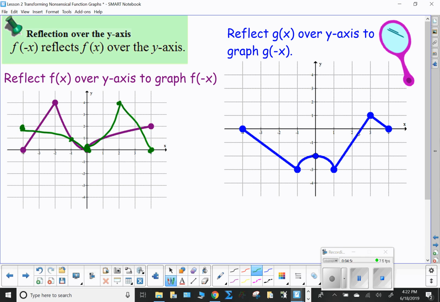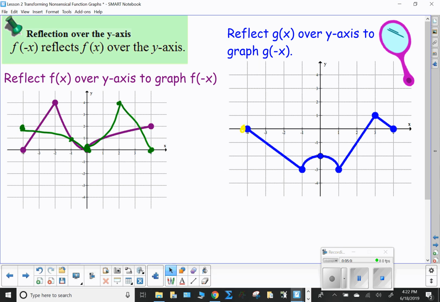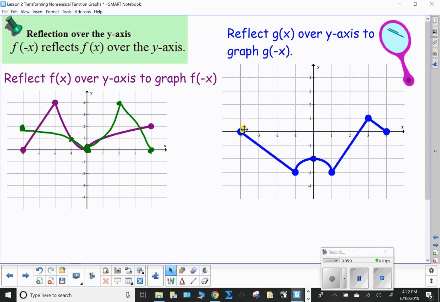Now here, this one's kind of crazy because I'm going to take this guy right here, and I'm going to move him. Oops, if I can. Okay, we won't do it that way. It doesn't want to participate. So this is 4 to the left, 4 to the right. This is 1 to the left, so I go 1 to the right. This is on the y-axis. 1 to the right, 1 to the left.